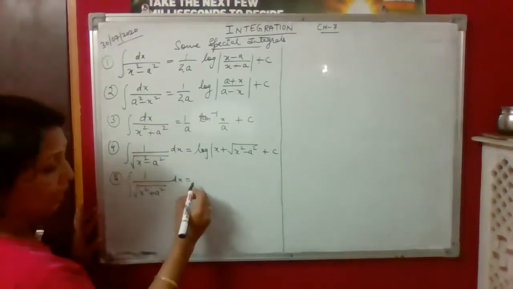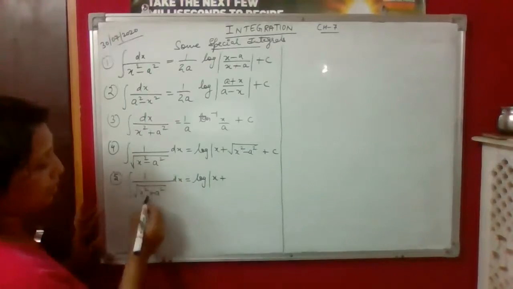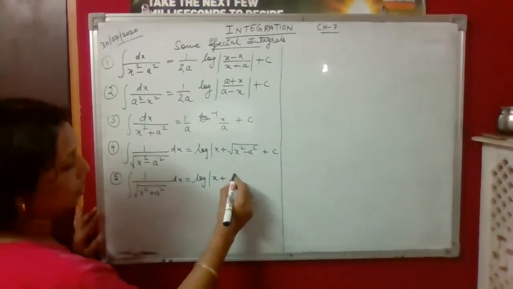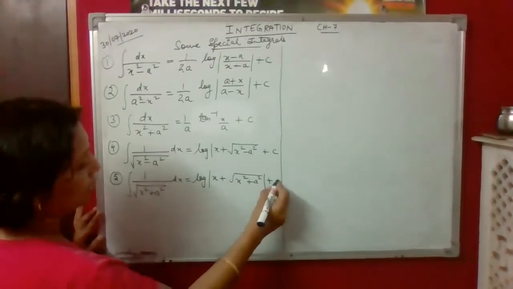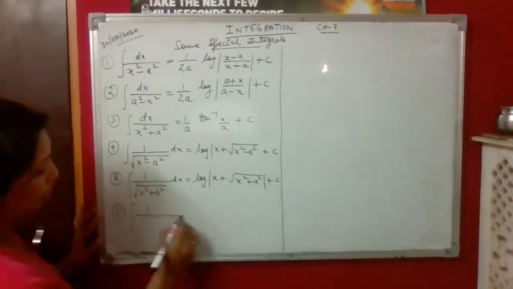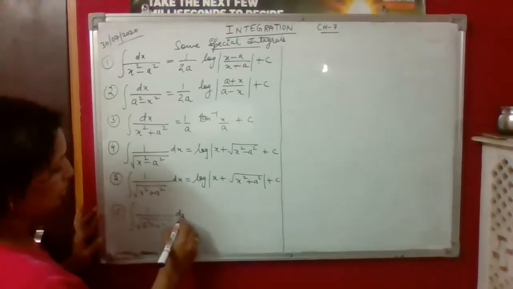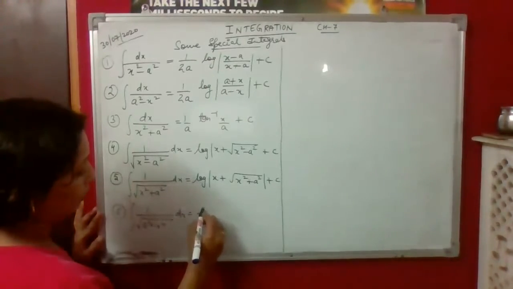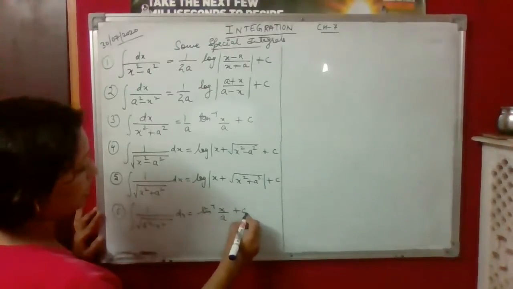Again log of x plus the same term we have here, under root x square plus a square, plus c. And the next one is 1 upon under root a square minus x square, which is sine inverse x upon a, plus c.